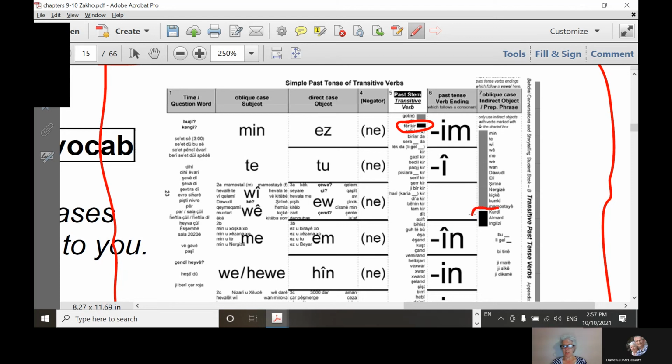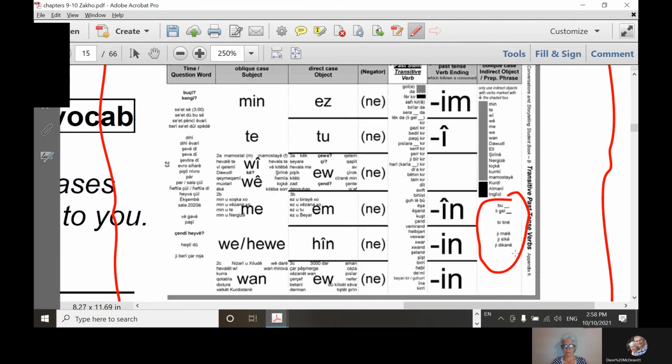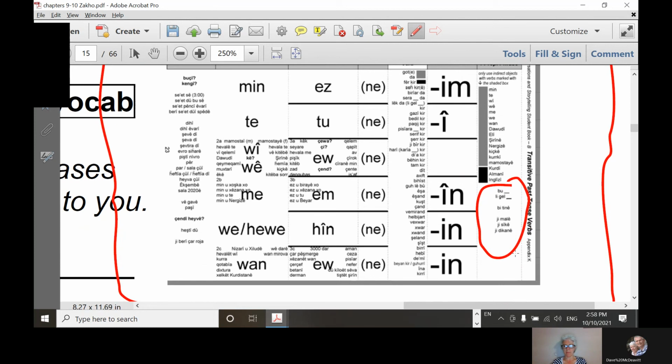And then after your verb and your verb ending, you could put a language name. And some of the others could potentially use a prepositional phrase like boo for someone, legal with someone, or something like that. All right, that's how that works.